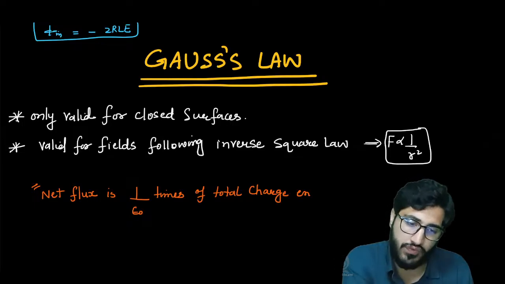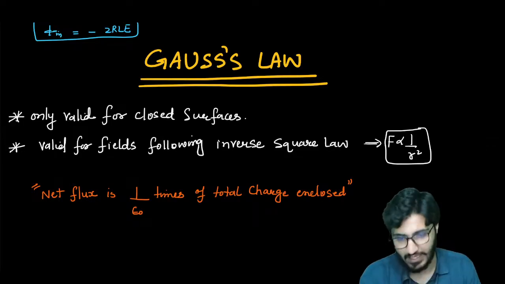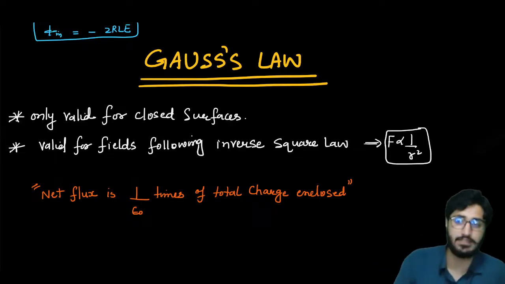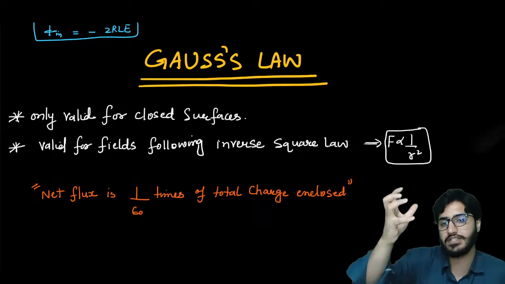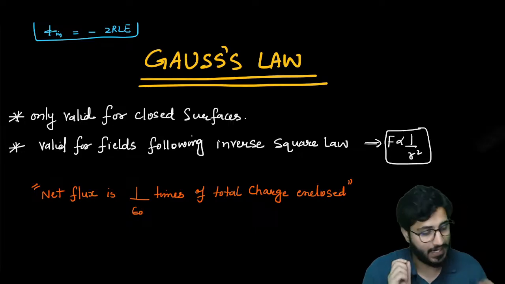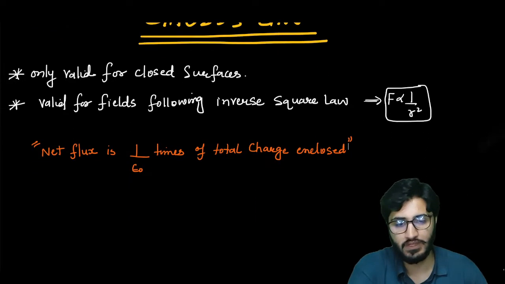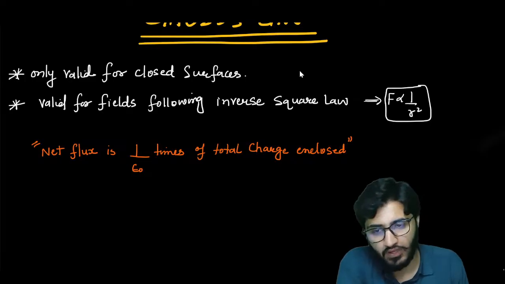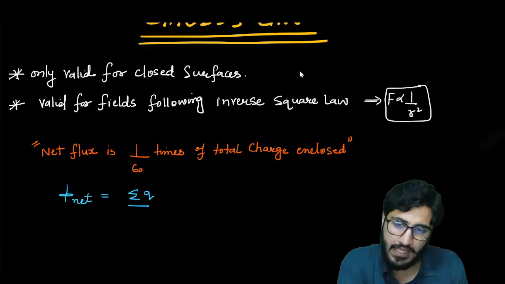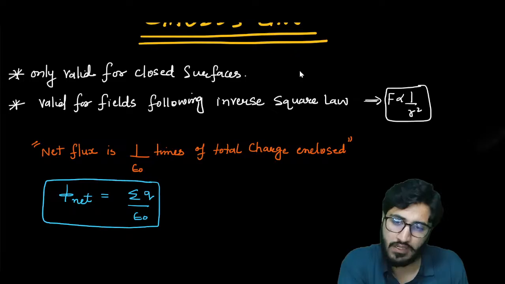That is the simple statement of Gauss's law: the net flux of any 3D surface will be equal to the net charge enclosed in the 3D surface divided by epsilon naught. So I can write, by Gauss's law, phi net flux will be equal to summation of charge divided by epsilon naught.